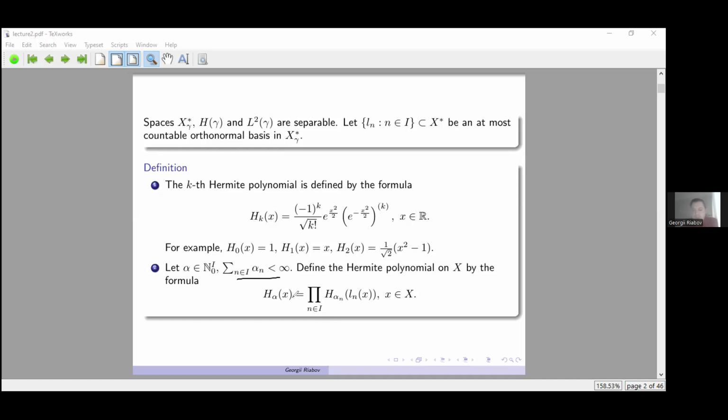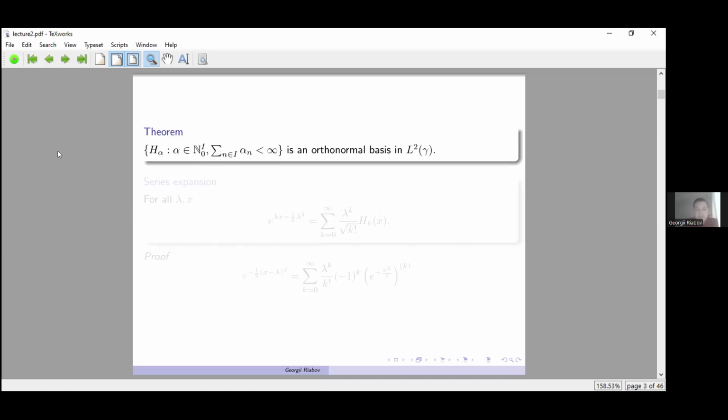This defines the Hermite polynomial on X. And the importance of this object is that, in fact, these Hermite polynomials form an orthonormal basis in L2.